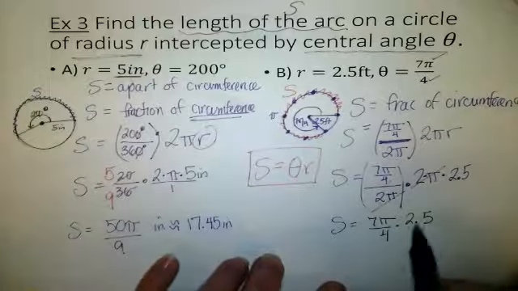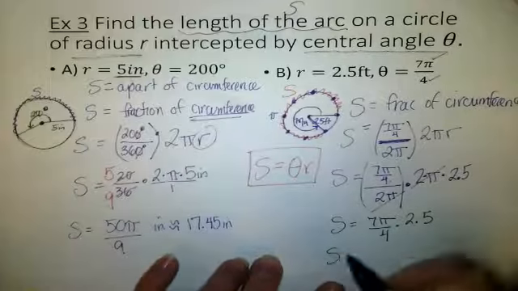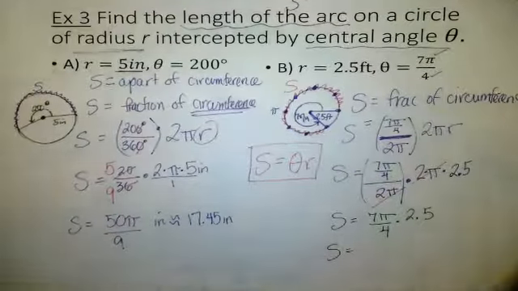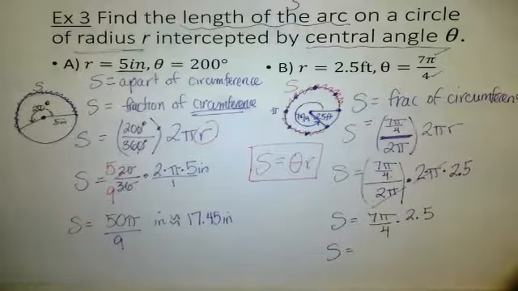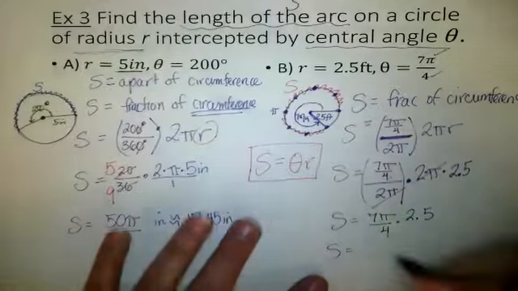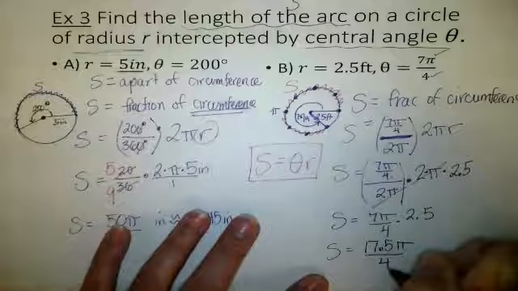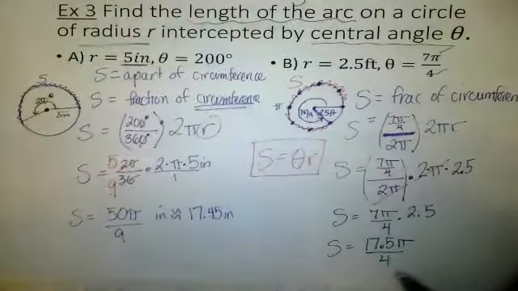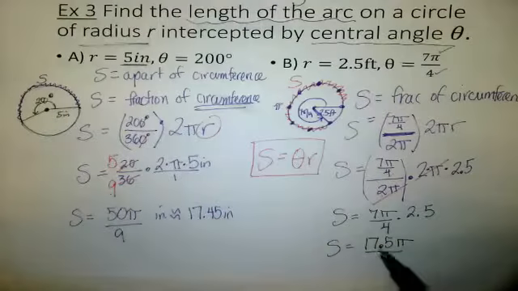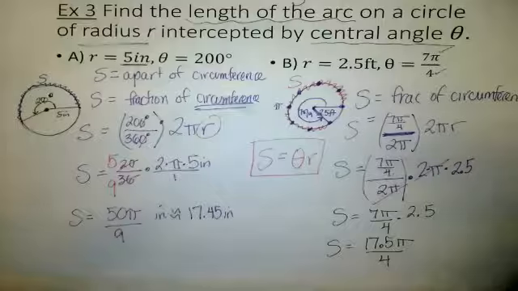What is 7 times 2.5? I don't know. 17.2. That's kind of ugly. Yeah, 17.5. All right, 17.5 pi over 4. You should never leave a decimal within a fraction. Never, ever. It's just like bad math.